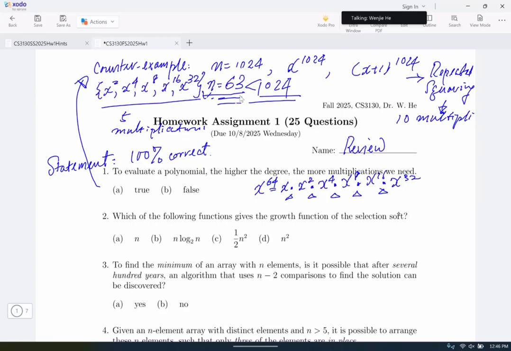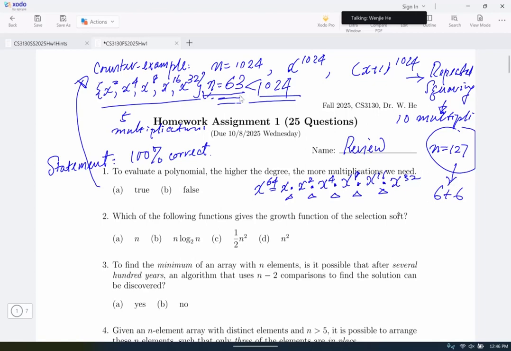Yeah. If you want to really get more than that 10, we can consider n equals 127. How about that? Power of 2 minus 1. Yeah. 127, you will get 6 plus 6, right? Yeah.